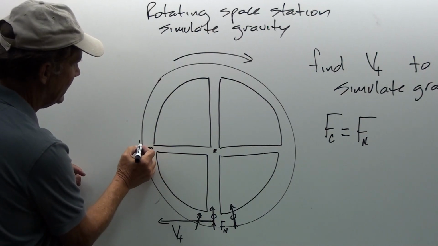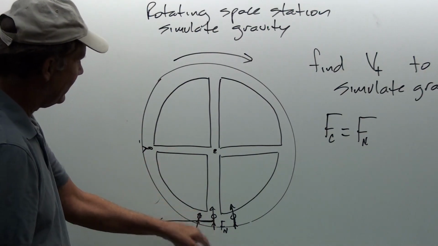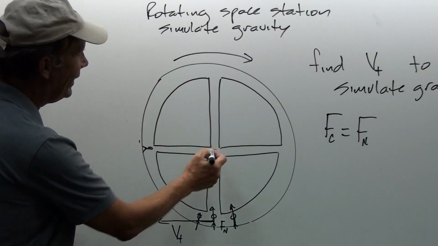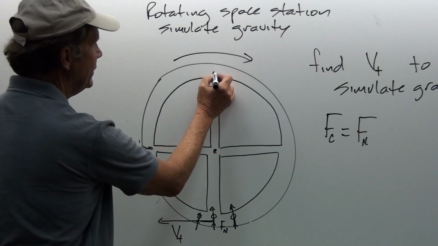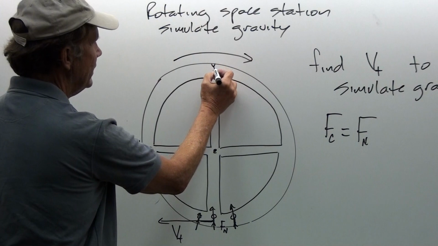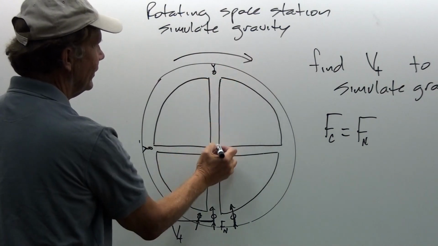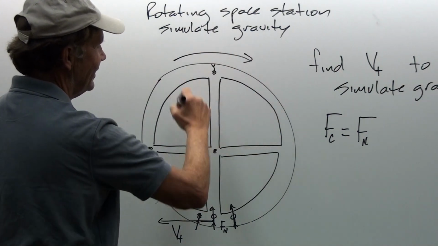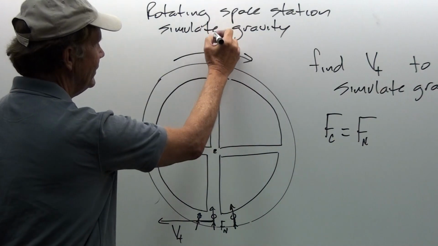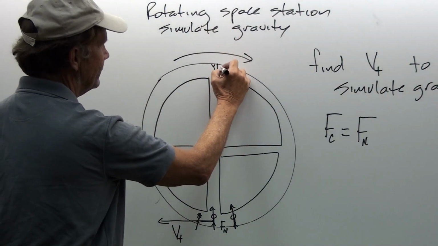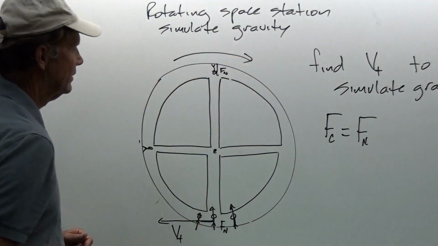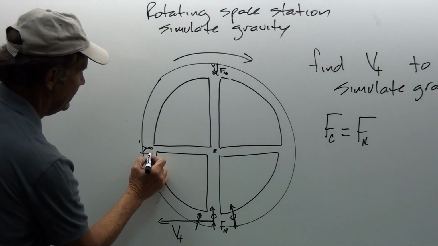So for you then, this isn't down, it's away. In general, that's not down, because even when you're up here, your hair isn't going to fall toward the center, because down for you is away from the center of the space station, okay, like that. So here would be the F normal here.